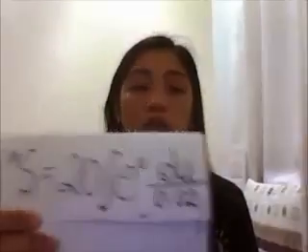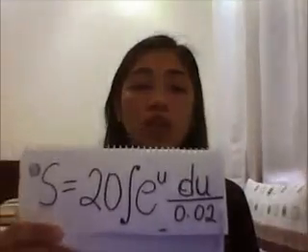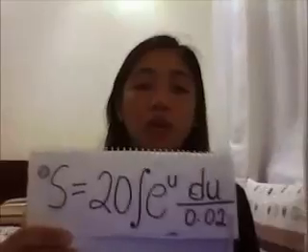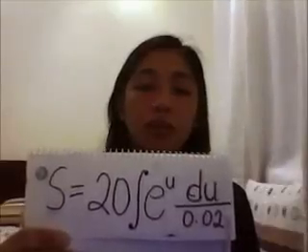This will change the representation of your integration, which will lead you to S equals 20 times the integral of e^u times du over 0.02.